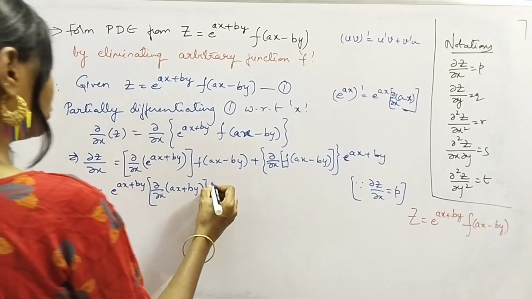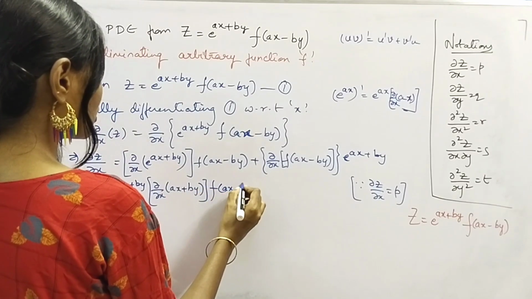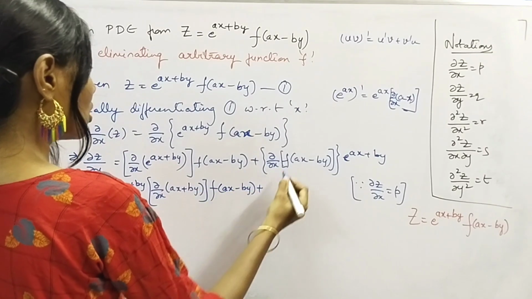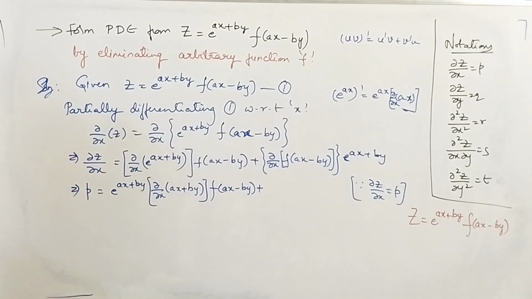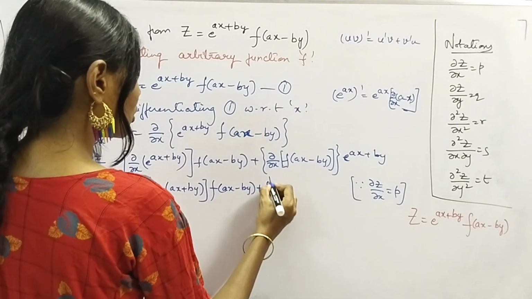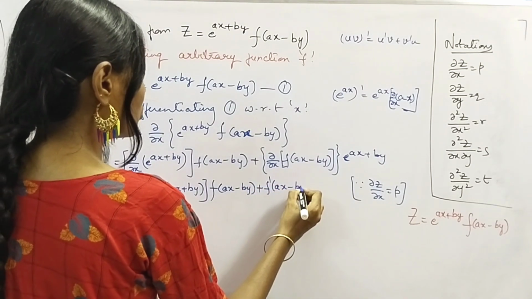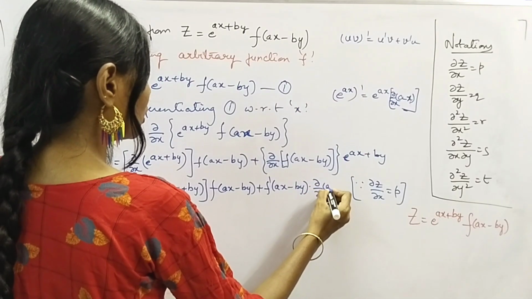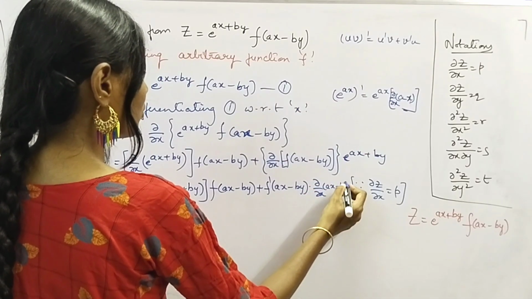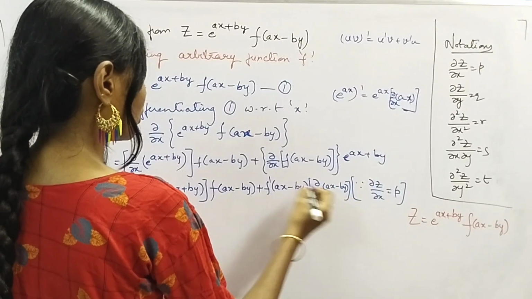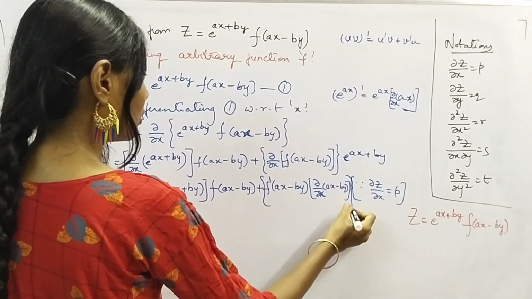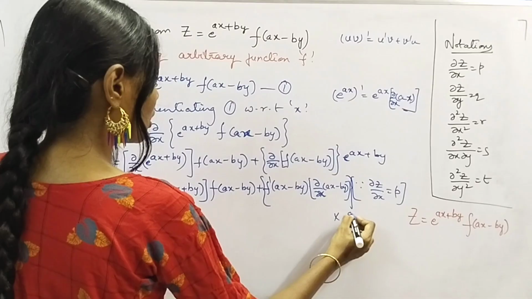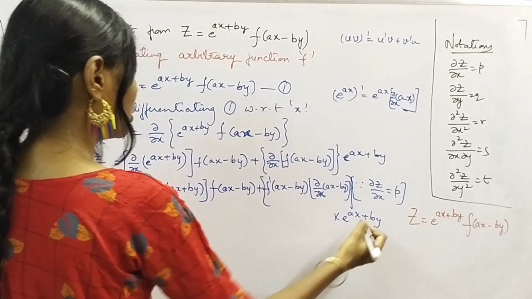Into f of ax minus by plus partial derivative of f of ax minus by is f dash of ax minus by into inner derivative dou by dou x of ax minus by into this e power ax plus by, right?